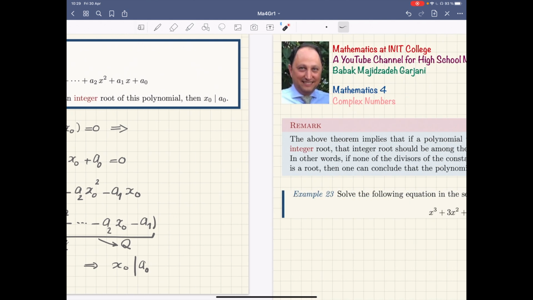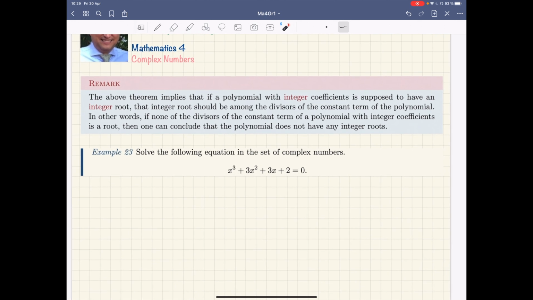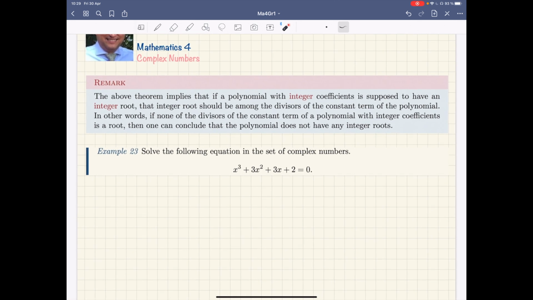Okay? So let me go back here. So let me read this remark for you. The above theorem implies that if a polynomial with integer coefficients is supposed to have an integer root, that integer root should be among the divisors of the constant term of the polynomial.